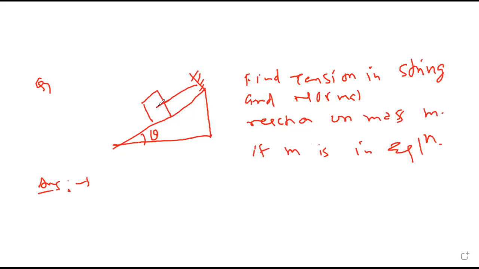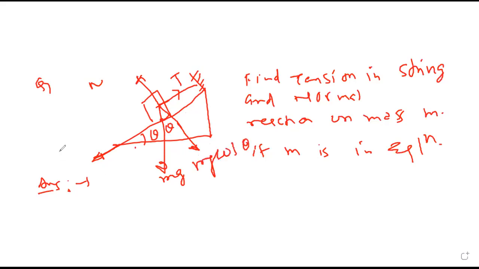What are the forces acting on the block? Its weight mg downward. This is tension T, normal reaction N. If I resolve mg into two components, this angle is theta, so mg cos theta, and this side will be mg sin theta, correct?